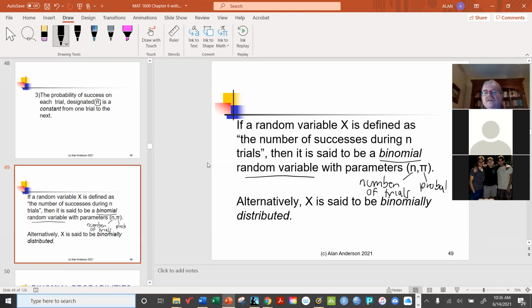If I know these 2 things, I know everything I need to know about this distribution. In other words, these 2 numbers uniquely characterize this binomial distribution. Or we can just simply say X is binomially distributed.